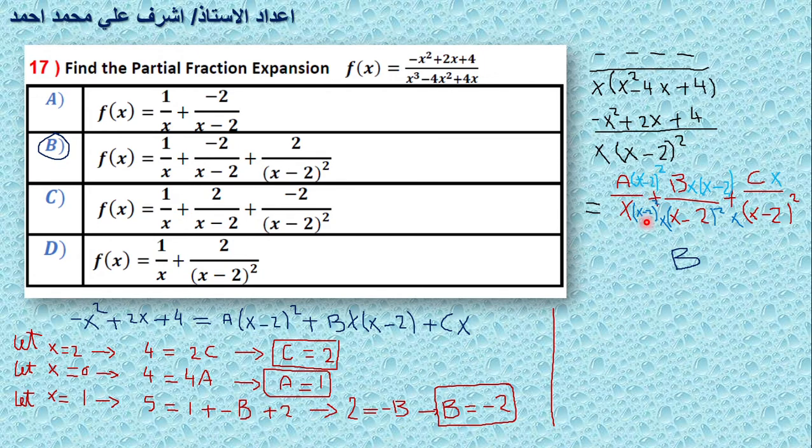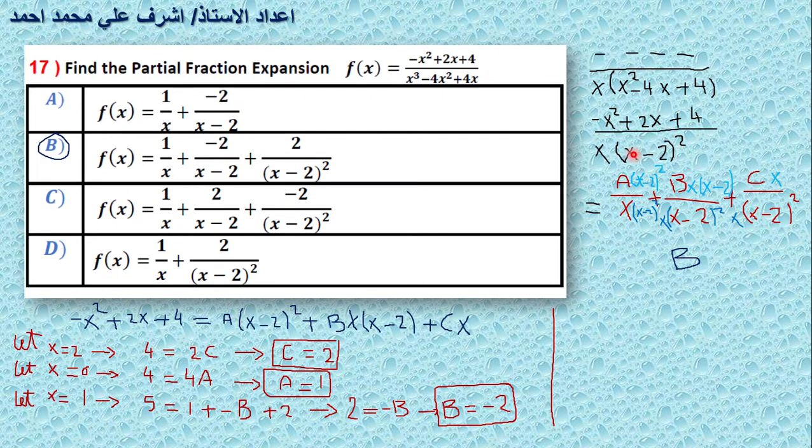Plus B, its denominator is x minus 2, so it needs x minus 2 times x. C, its denominator is x minus 2 squared, so it needs x. So I'll multiply the denominator and numerator by x.